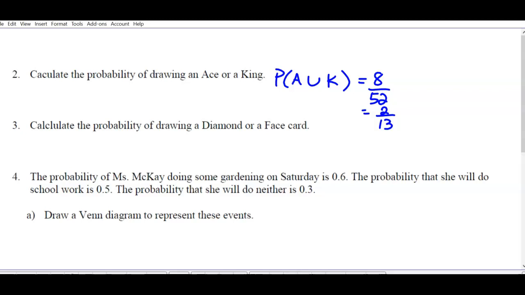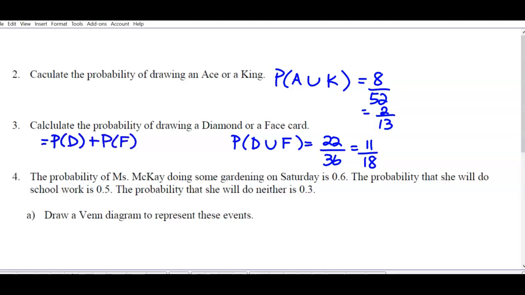Right, so we have 13 diamonds. 3 of them are face cards. And then we have the other face cards that we need, which is 9. So 13 plus 9 is 22. 22 out of 52, which is 11 over 26. If you want to show the formula, probability of a diamond plus probability of a face card minus probability of the intersection.